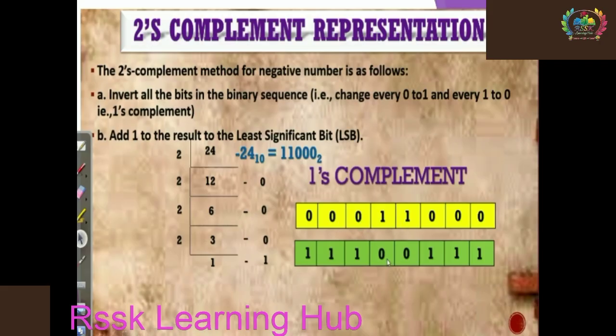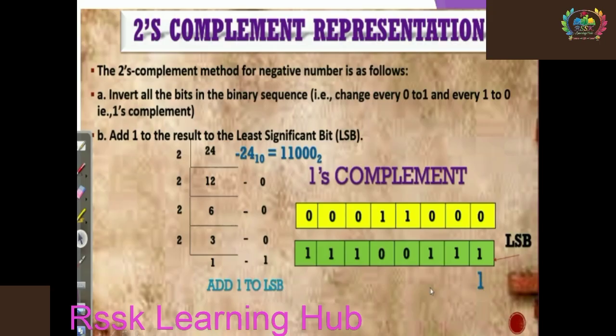You add 1 at the end of the bits, that is at the least significant bit, the right side. So add 1 to the LSB.